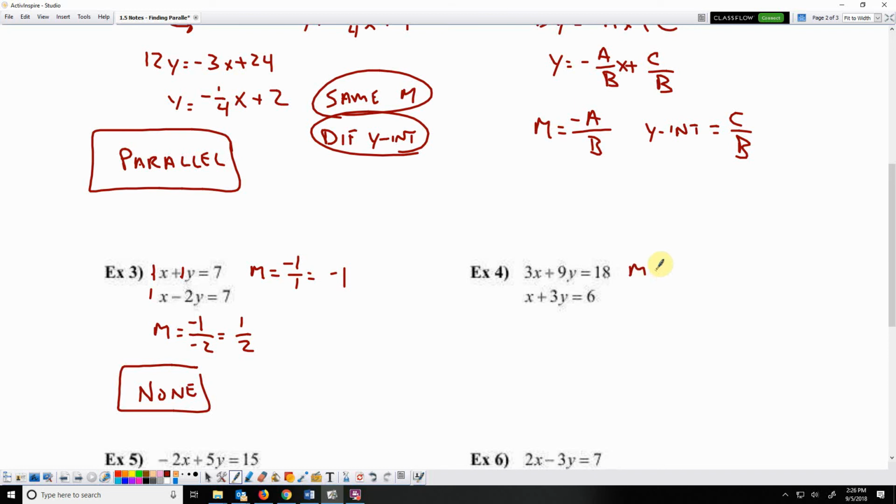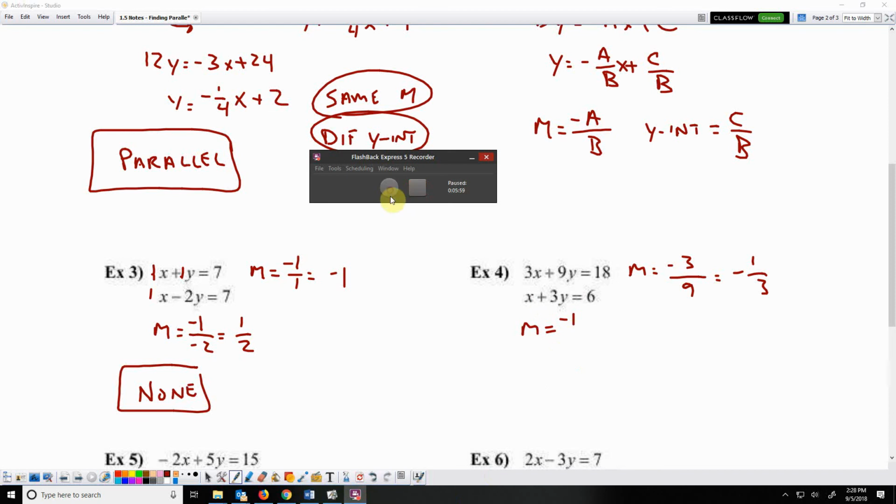Example 4, the opposite of a is negative 3, and b is 9. Negative 3/9 is negative 1/3. Here, in the second line, the opposite of a is negative 1 and b is 3, so I get negative 1/3. Same slope, which tells me these lines are either parallel or coinciding, so I better check the y-intercept.